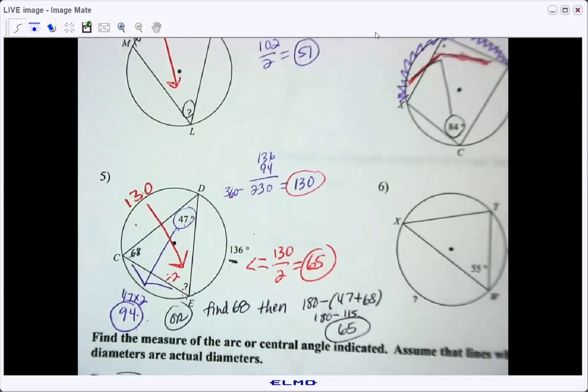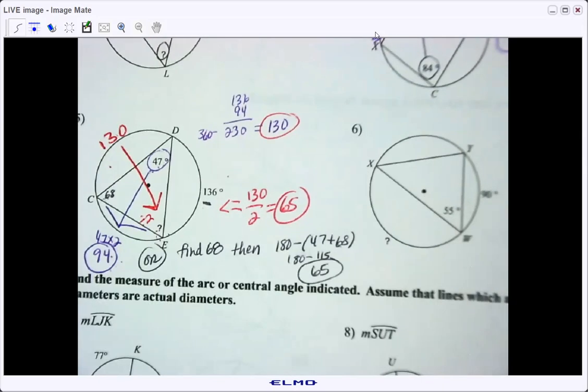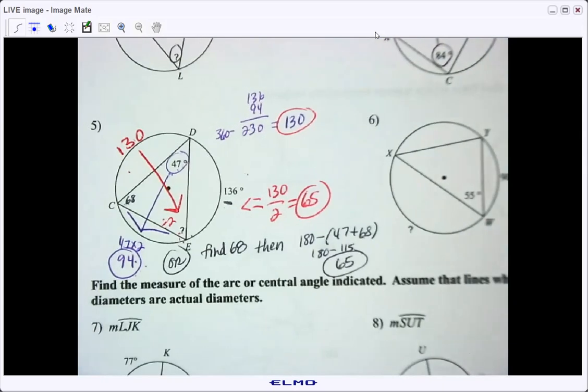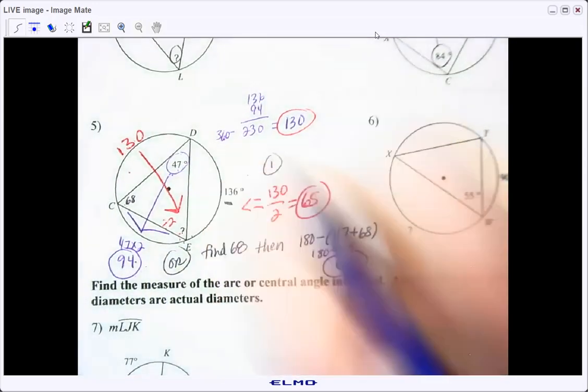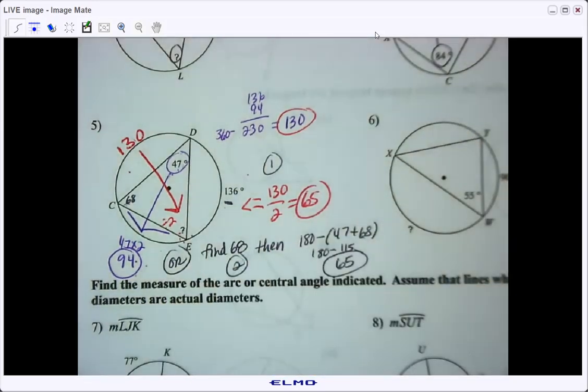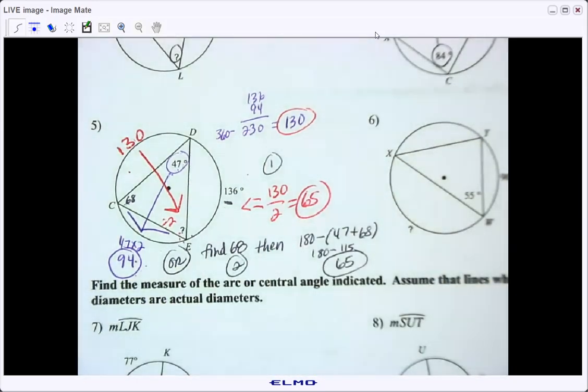So let me ask this. This is an easy one for your response, guys. How many of you see finding the arcs better to find the angle, way number 1, or way number 2, finding the angles and subtracting from 180? Which one seems a little easier?